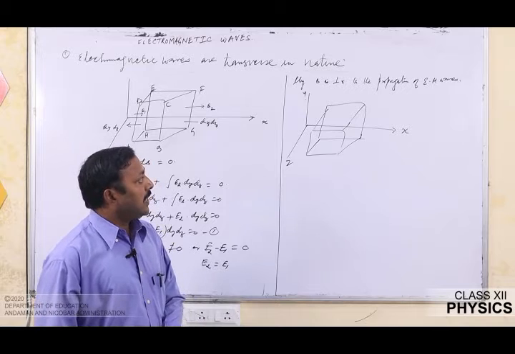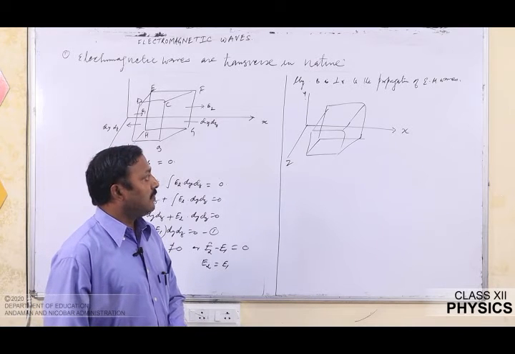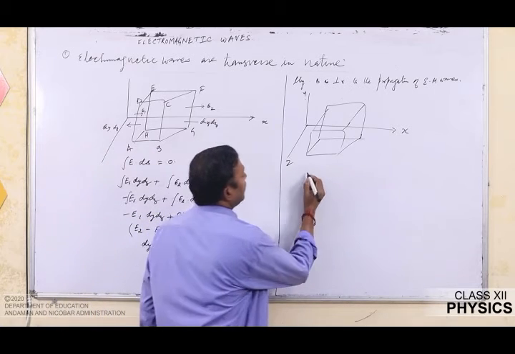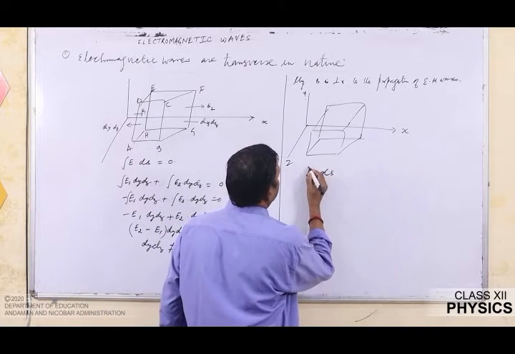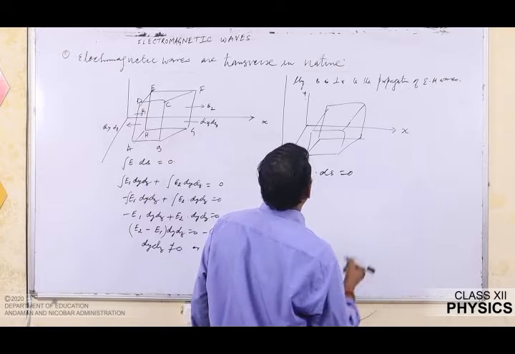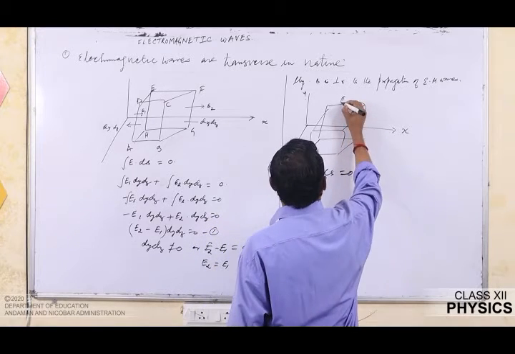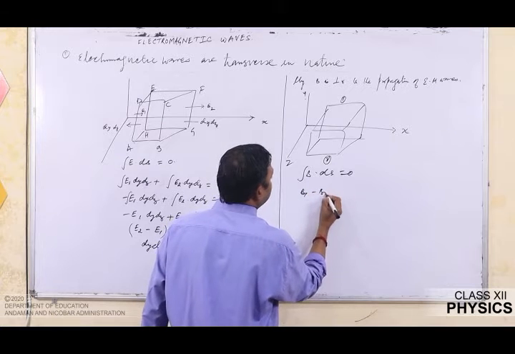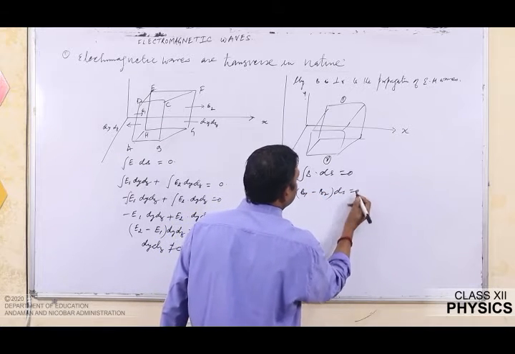Similarly, we can prove that the magnetic field is also perpendicular to the propagation of the wave, and from Gauss law we know that B dot ds is equal to 0. For surfaces 1 and 2, we have the magnetic field as (B1 minus B2) ds is equal to 0.